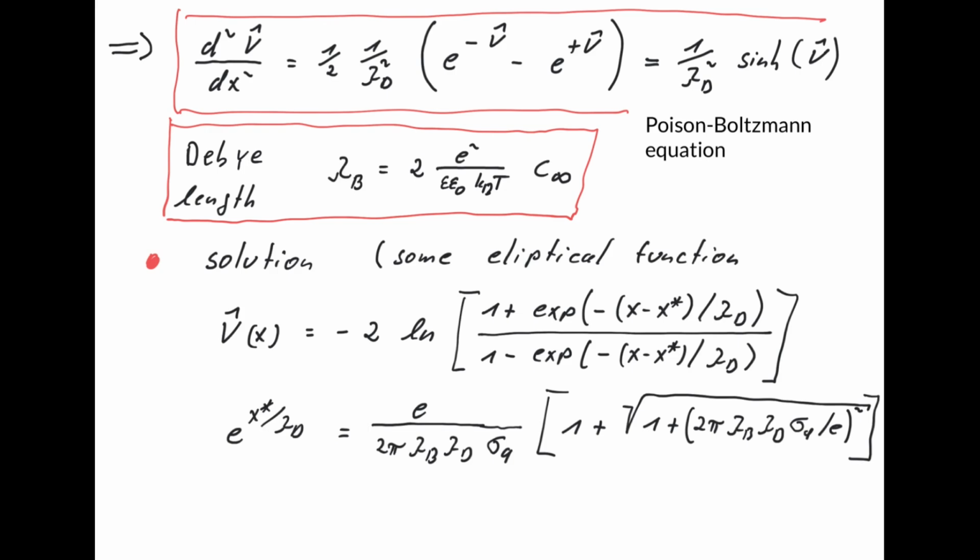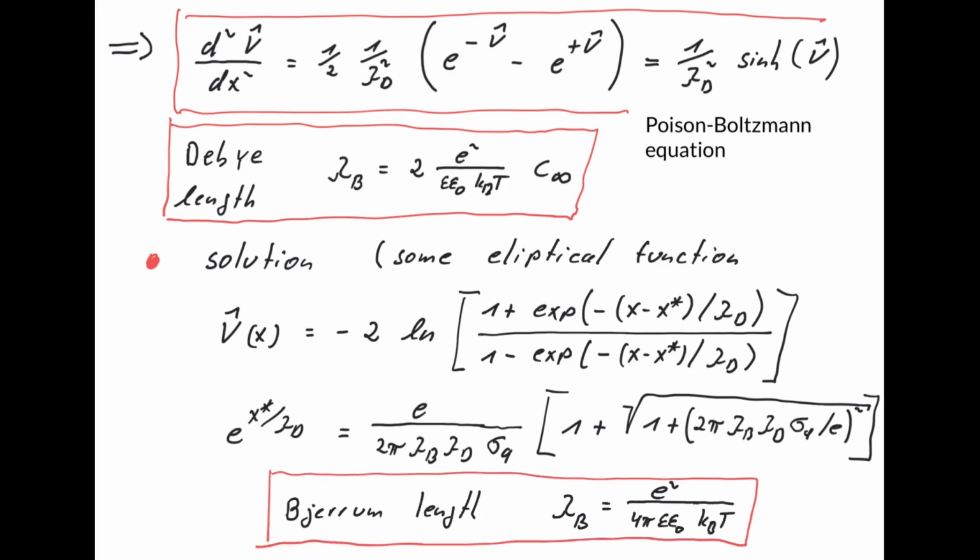First is the Debye length, which, as you see above, is determined by the concentration of the ions in the solution. The second is another length scale, called the Bjerrum length, that relates the energy between two electric charges, which amounts to e squared divided by 4 pi epsilon 0, and the energy involved in the thermal motion.